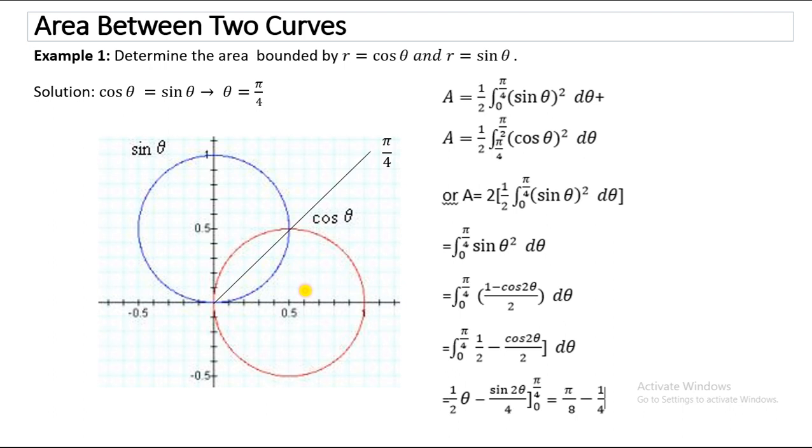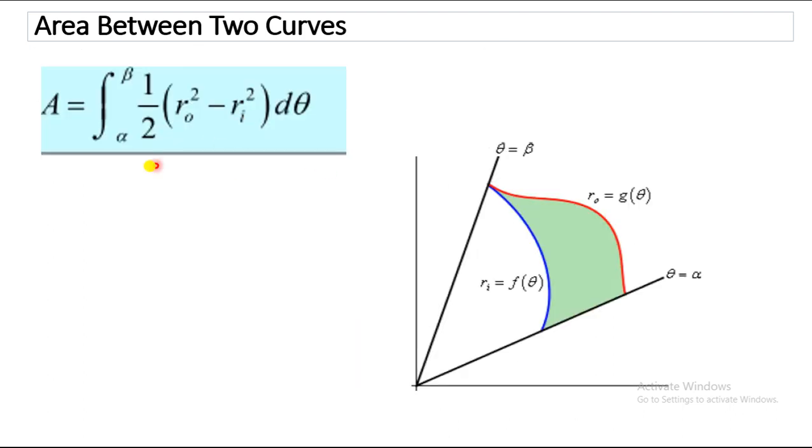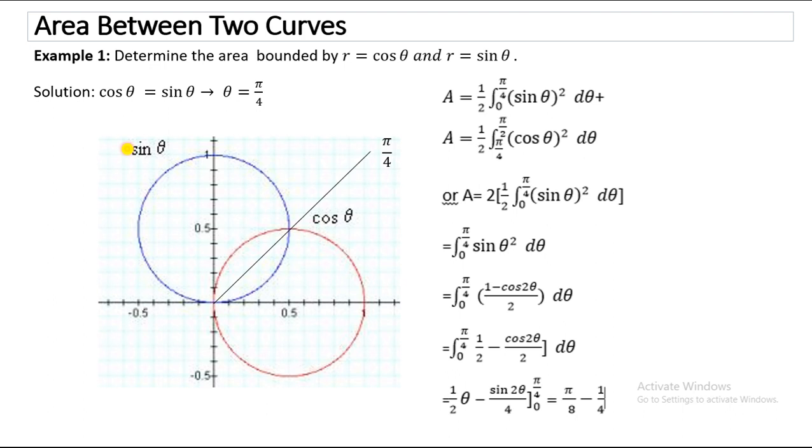Again, I can't use this law because the intersection must be two angles. Therefore, I want to find this area and this area, then add this to this.